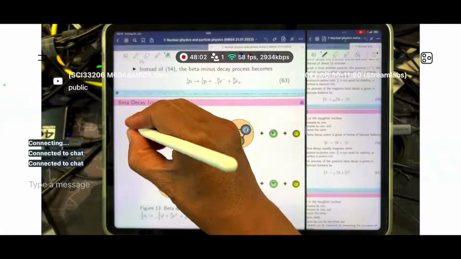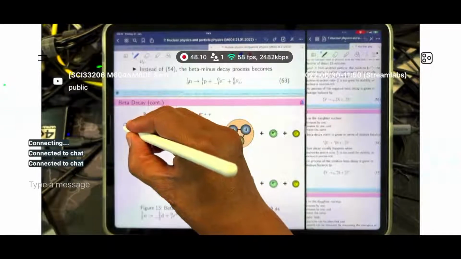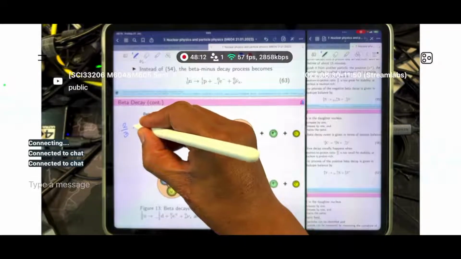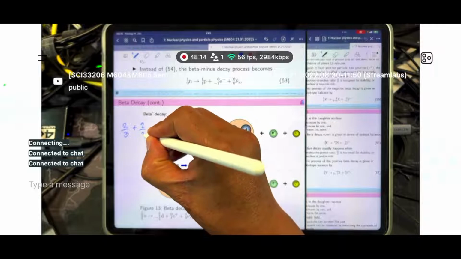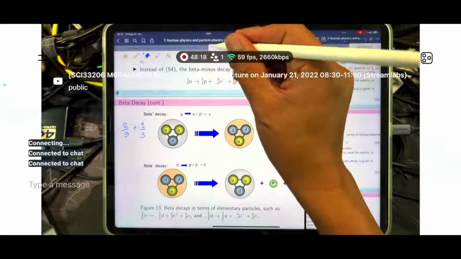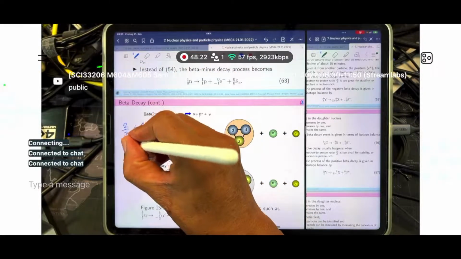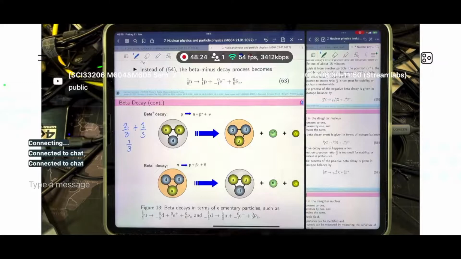Okay, one up quark corresponds to 2 by 3 charge. You have two up quarks, right? You get 2 by 3 and 2 by 3, and one down quark corresponds to minus 1 by 3 charge.